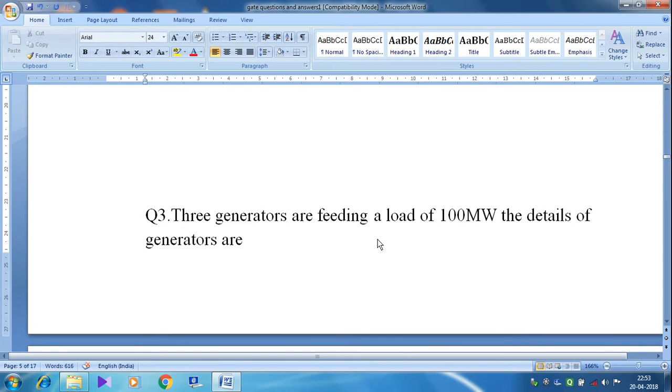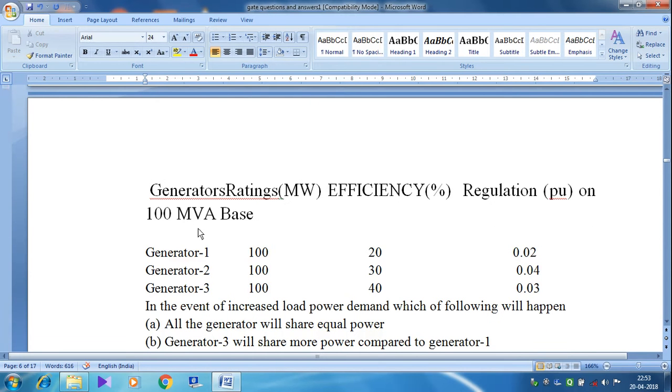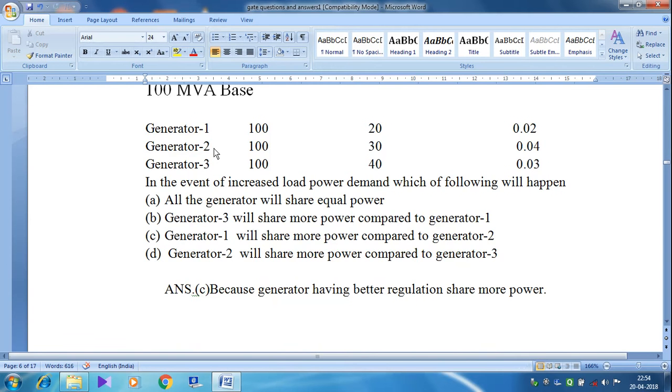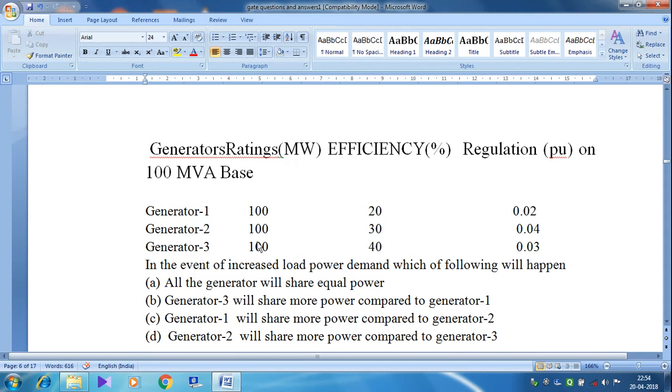Three generators are feeding a load of 100 megawatt. The details of generators are given. That is generator rating in megawatt, efficiency in percentage, regulation for unity on the 100 MVA base. So generator 1, this is the rating. So ratings of all the generators are the same, that is 100, here also 100.